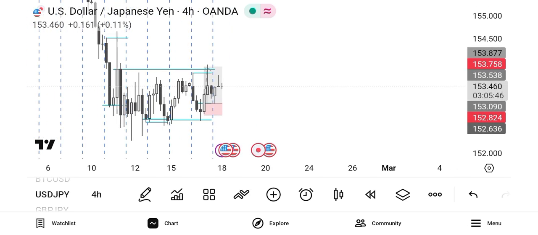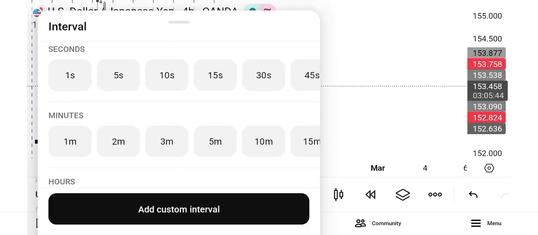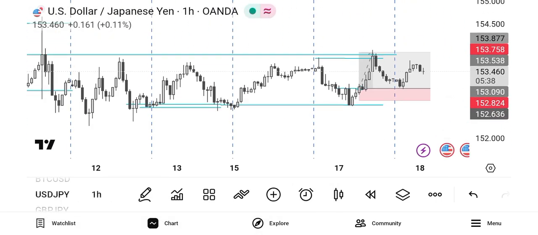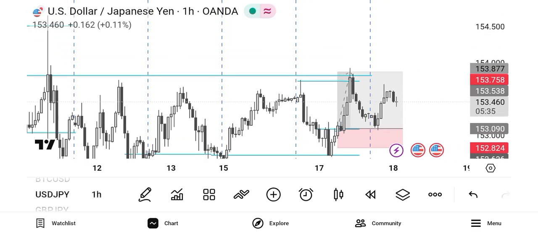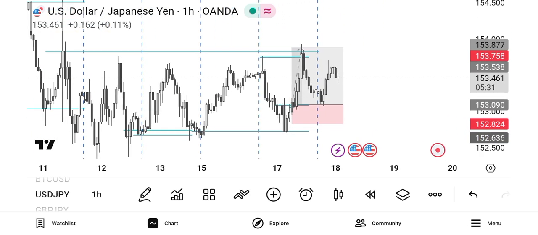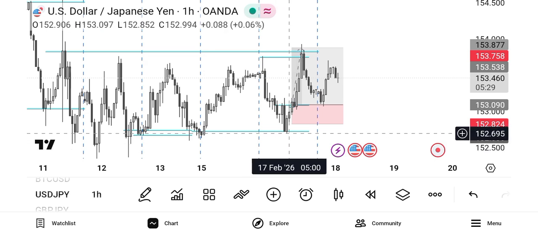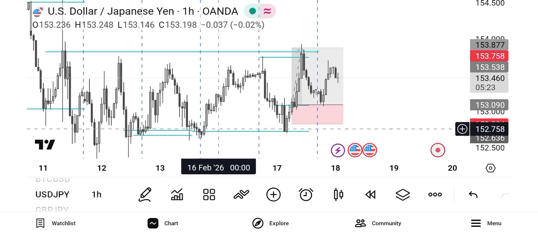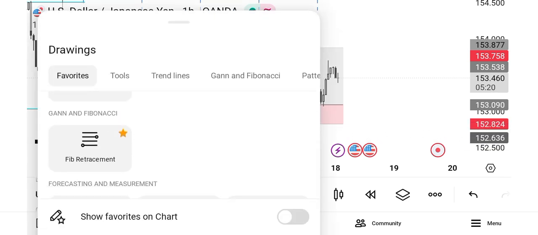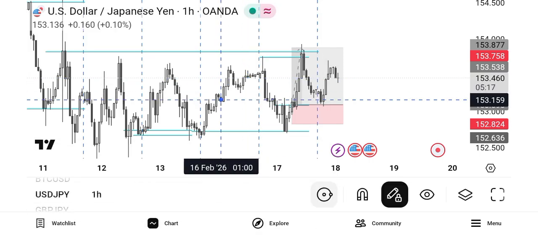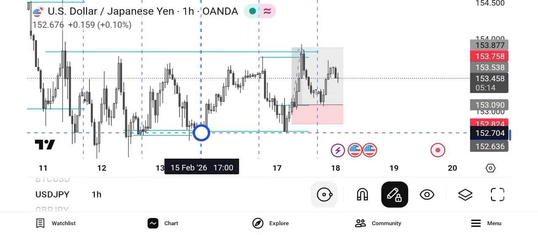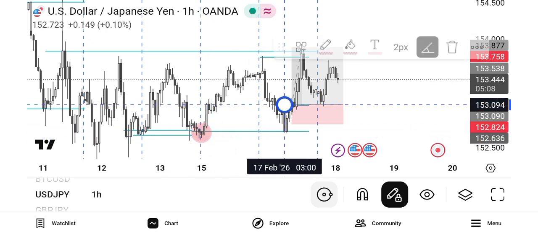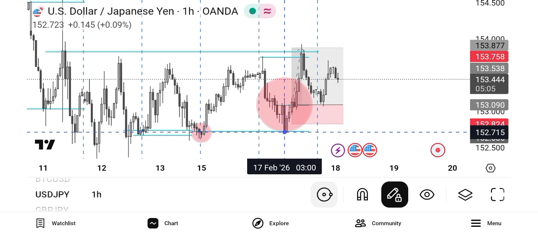So basically on the 1 hour, as you can see, this order block is not a normal order block, not like this one. You see the size of it. You see this order block down here, and this one up here, so big.